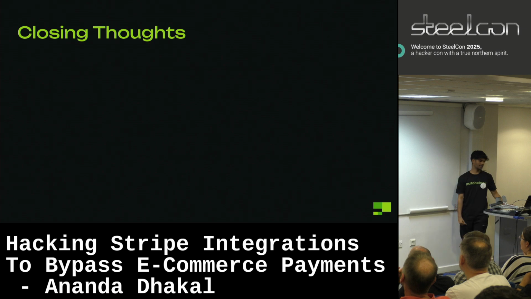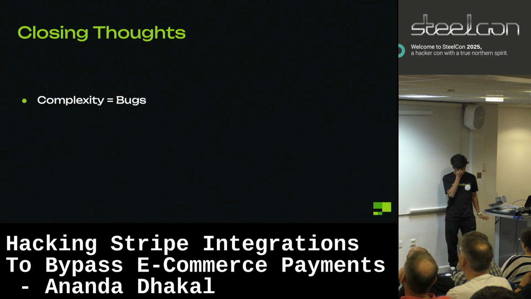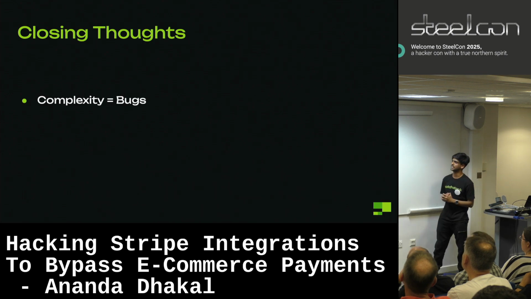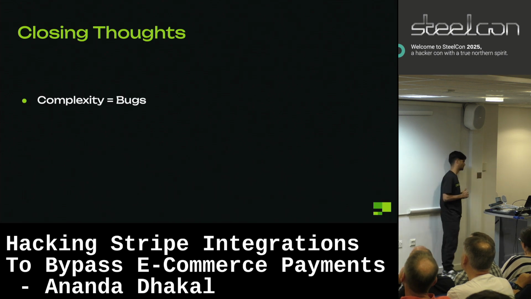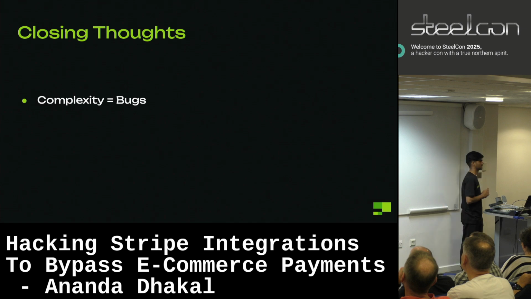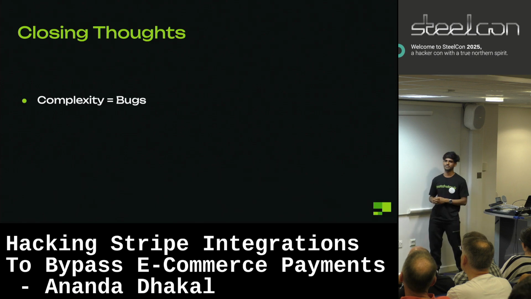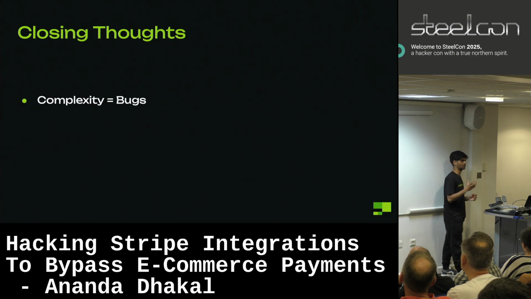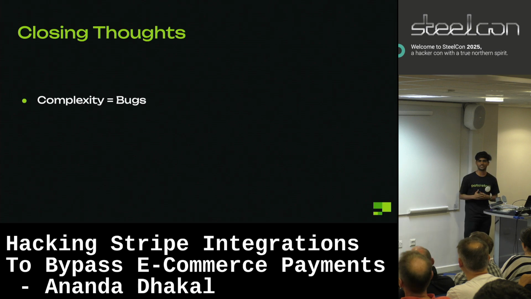So that's it for all the issues, and a bit of closing thoughts that I would like to give, which is: complexity equals bugs. As I mentioned, I myself had tried to avoid Stripe for such a long time, and I was literally forced to hack on it just for the sake of the competition, and I did it.